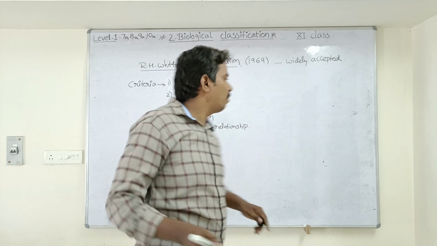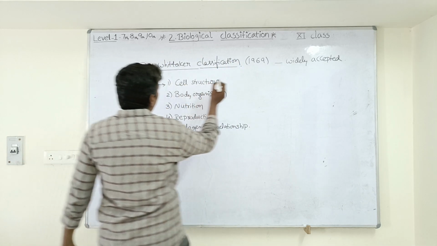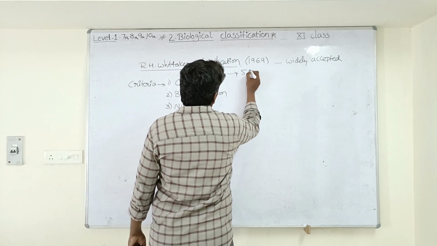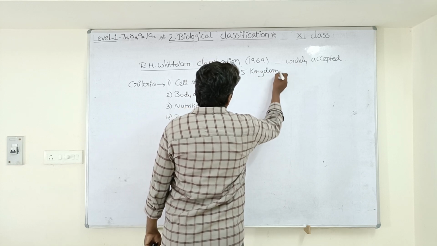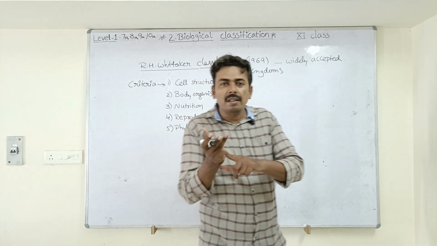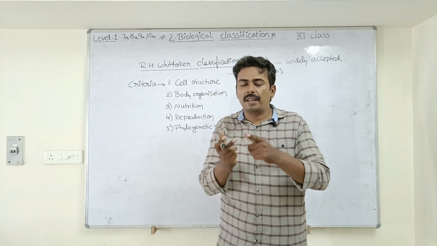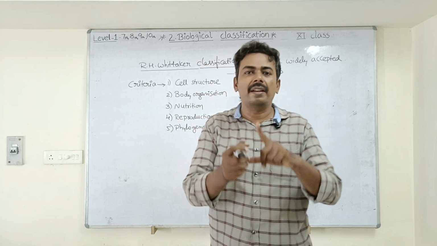So he classified the living organisms into five kingdoms. What are the five kingdoms? Just now we have discussed: kingdom Monera, kingdom Protista, kingdom Fungi, kingdom Plantae, kingdom Animalia.